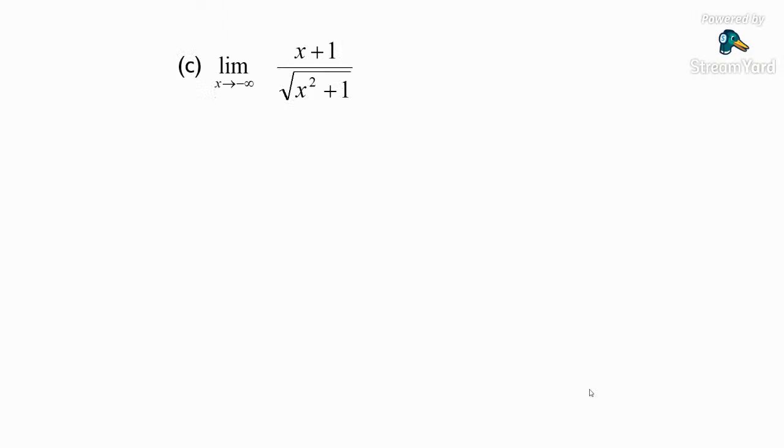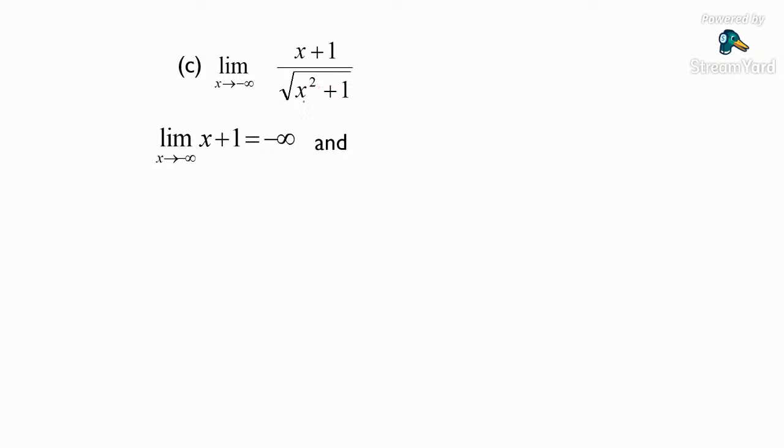Okay, so now the next one. We got the limit for x approaches negative infinity for x plus 1 over the square root of x squared plus 1. Again, we try to substitute x with infinity. The limit of x plus 1 is negative infinity.